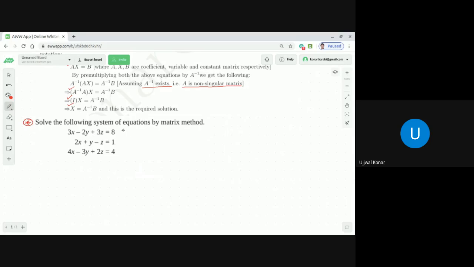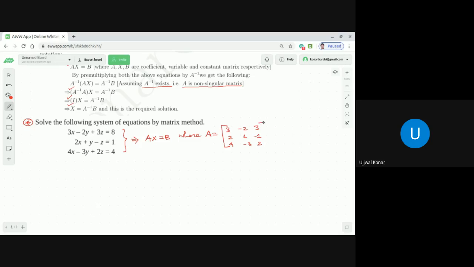Now, dear students, from this system of linear equations, we can write AX equal to B, where A, the coefficient matrix, is nothing but 3, minus 2, 3, 2, 1, minus 1, 4, minus 3, 2.